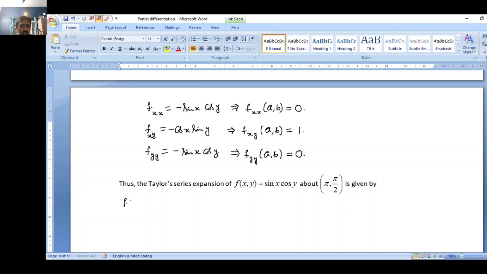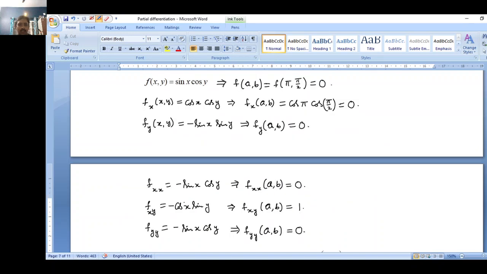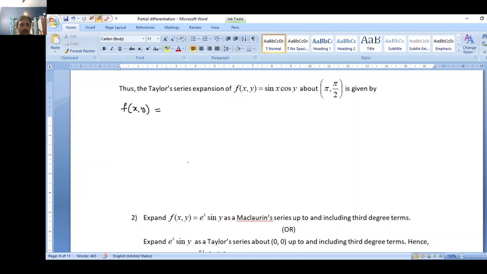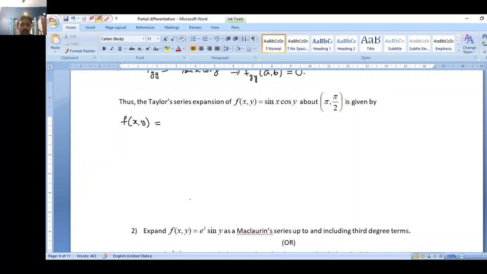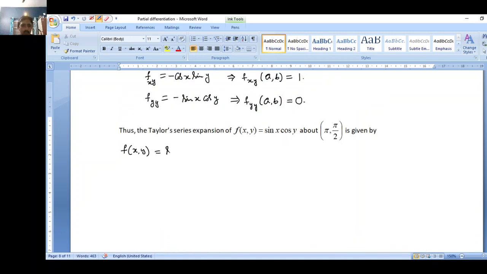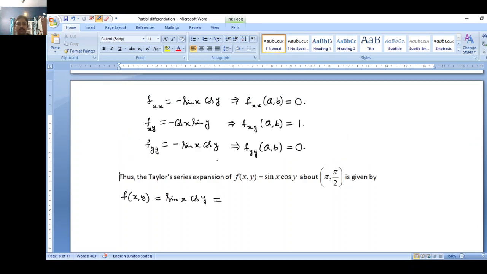So the left hand side is f of x comma y, or because the given function is f of x comma y equals sin x cos y, I can specifically take that to be sin x into cos y, and that is going to be equal to, and what will happen in the first term?